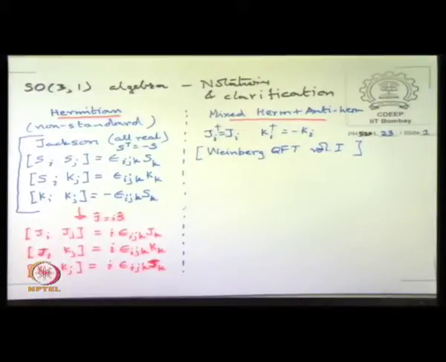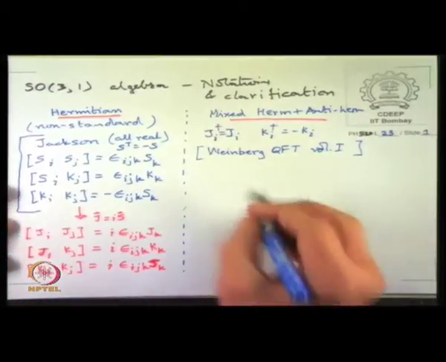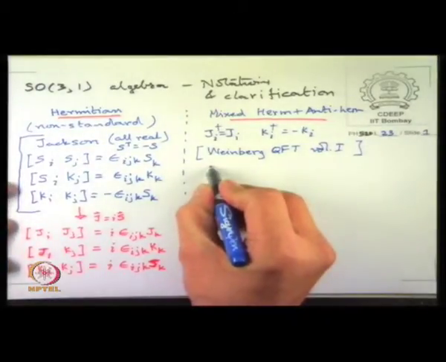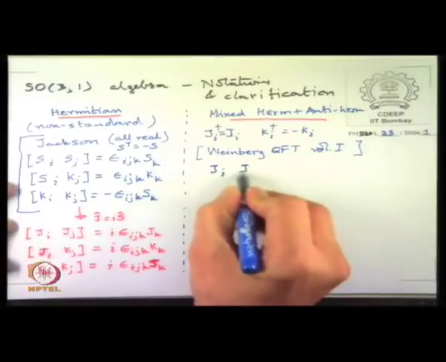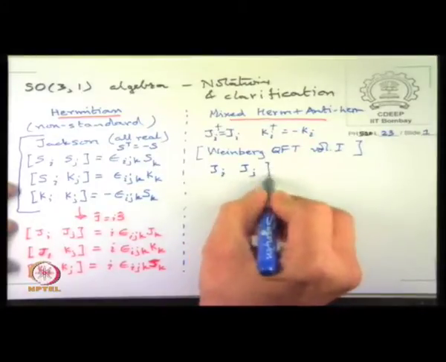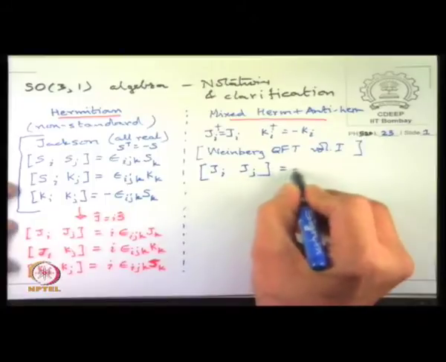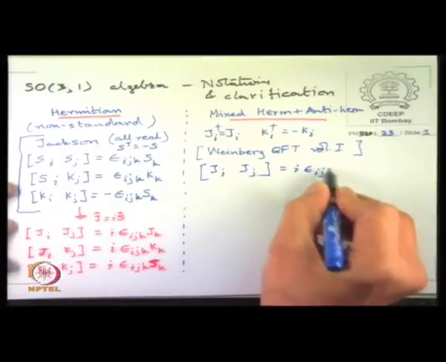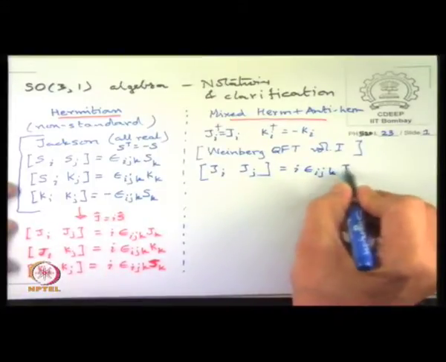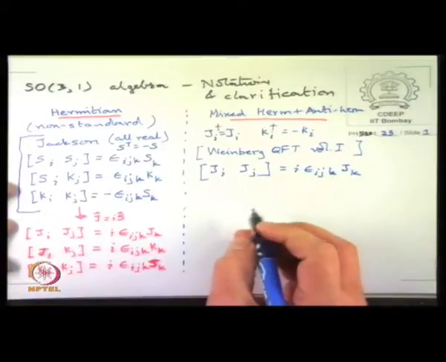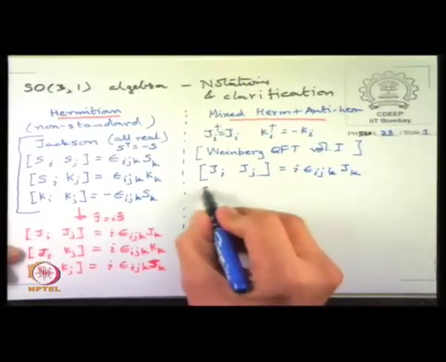In this case, the commutation relations are the way I flipped the sign suddenly last time, but you can be sure that if you use this convention, then you get this algebra. J_i J_j equal to I epsilon_ijk J_k, and so on.